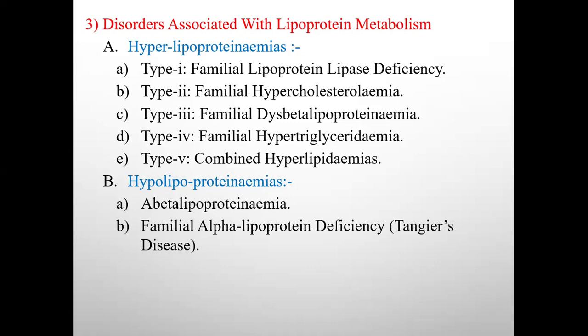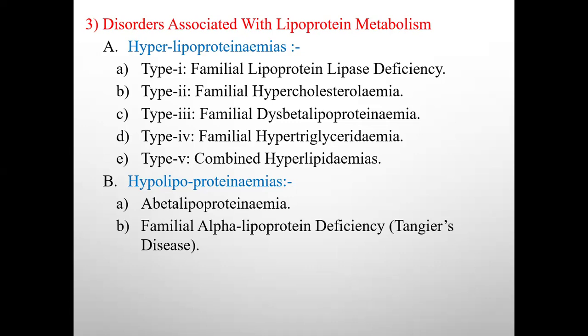We have those associated with hyperlipoproteinemias. Type 1 is familial lipoprotein lipase deficiency. Type 2 is familial hypercholesterolemia. Type 3 is familial dysbetalipoproteinemia. Type 4 is familial hypertriglyceridemia. And type 5 is combined hyperlipidemia.